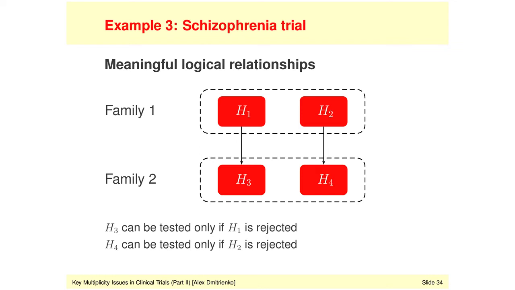Those logical restrictions translate into the following general conditions that are shown at the bottom of the slide. According to the clinically meaningful logical restrictions, the hypothesis H3 can be tested only if H1 is rejected, and likewise H4 can be tested only if H2 is rejected.